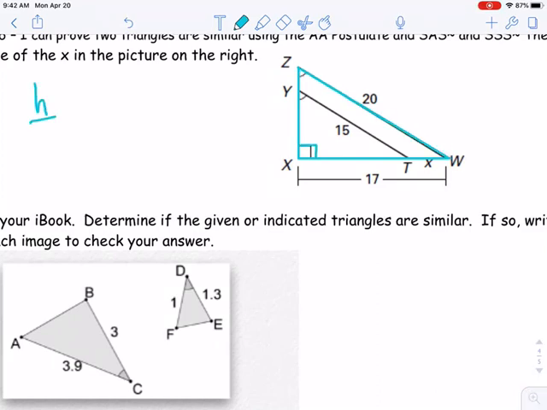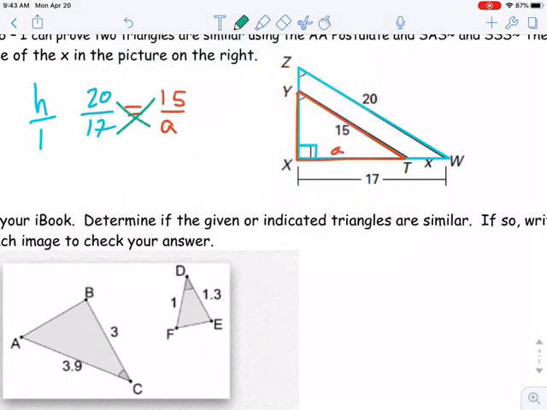The hypotenuse of this big triangle is 20, and I have a leg of 17. What about in this orange triangle right here? Well, I have a hypotenuse of 15, and this leg, we don't know. I'm going to call it A for now. I'm going to solve for A first, and that's going to help me find x.